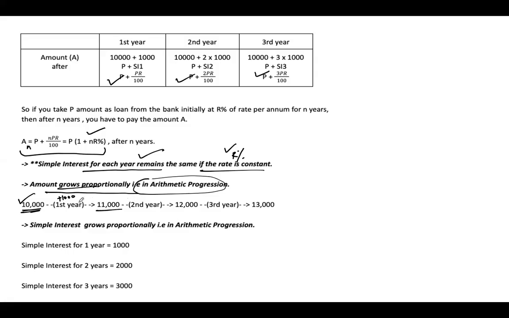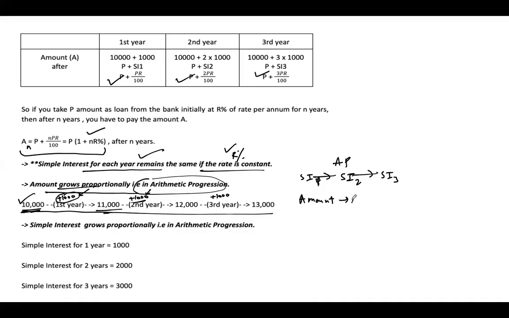Then in the second year, we will get the same interest, which is 1,000, as in simple interest for the second year. Similarly, simple interest for the third year was also 1,000. So as you can also see, whether it's simple interest for 1 year, 2 years, or 3 years, this was an arithmetic progression, and the amount is also an arithmetic progression.